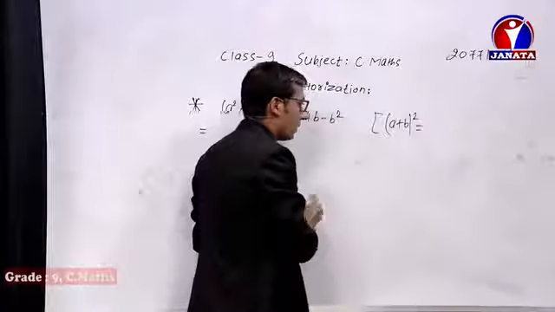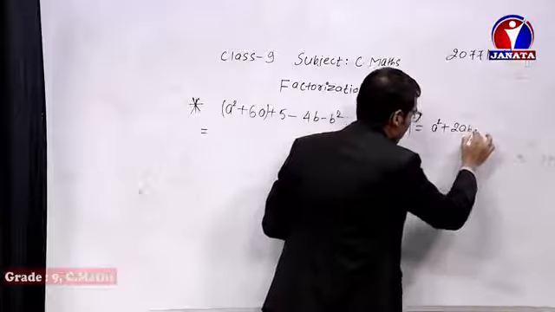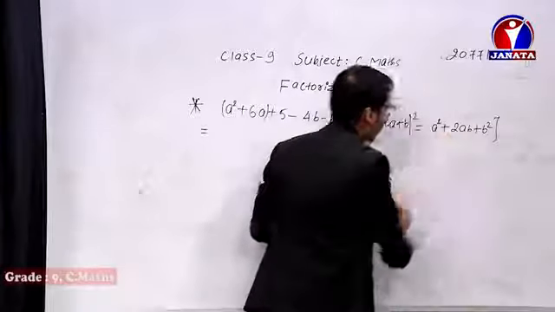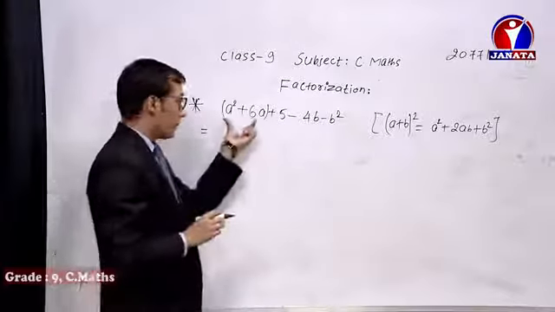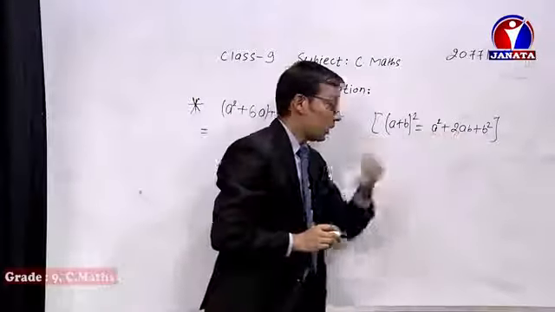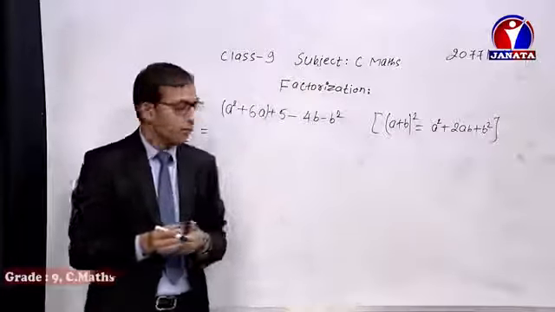What is the expanded form of this? Its expanded form is a square plus 2 times ab plus b square. I am converting this into a square plus 2ab plus b square form for its factorization.